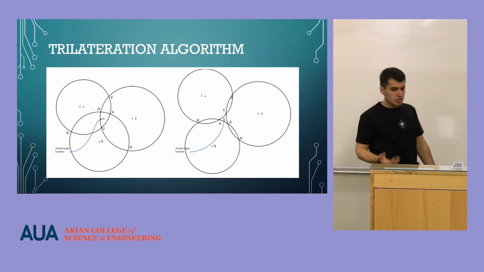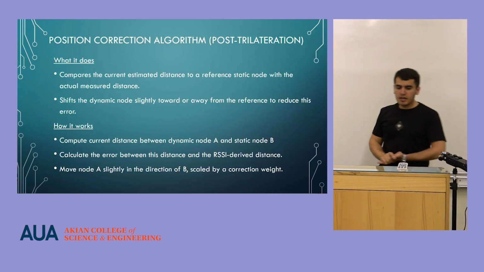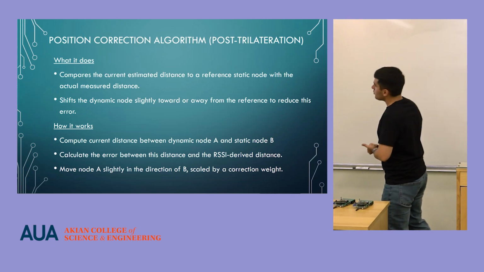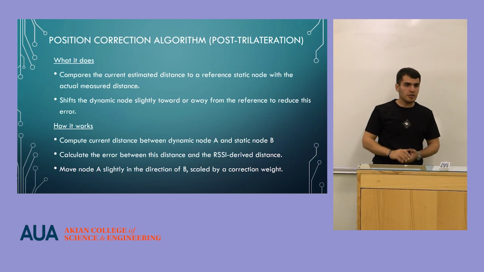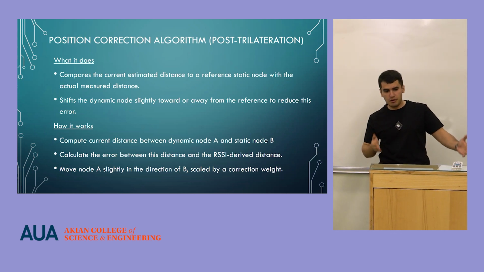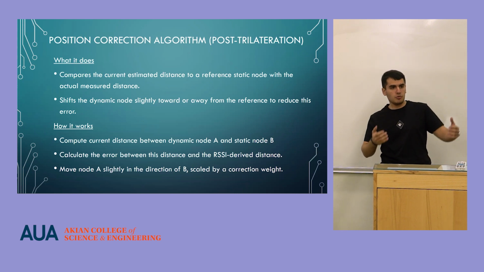So how do we deal with this problem in my algorithm? I applied a position correction algorithm after trilateration. When we get the x and y coordinates after trilateration, we know that there is some error, and we also have the RSSI data that we have already calculated, so we know the distance.